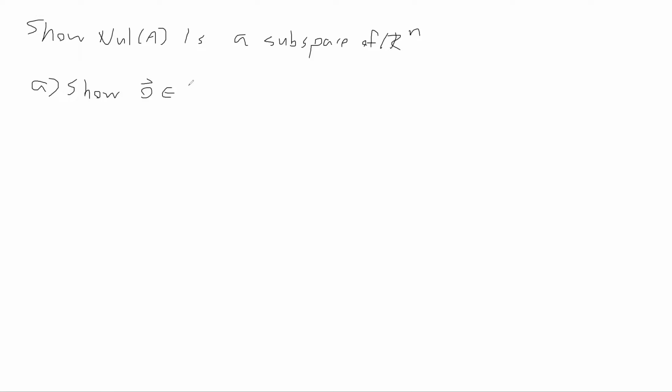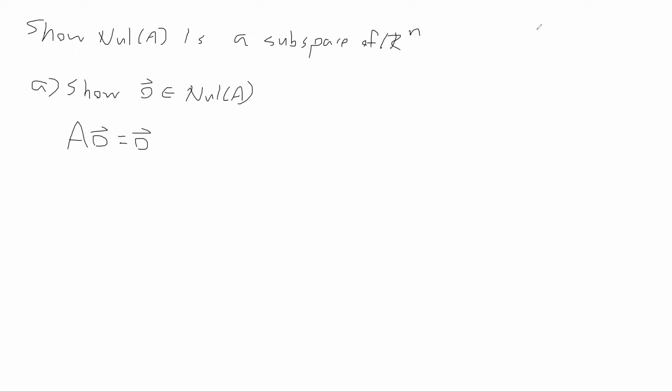Show the null space of A is a subspace of Rn. First, show the 0 vector is in Nul A. Well, what's A times 0? It's 0.